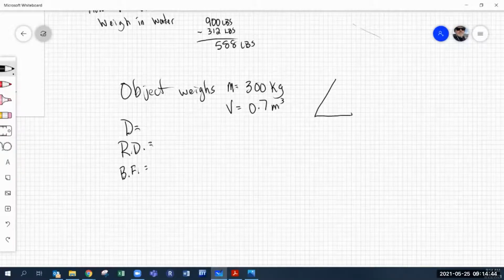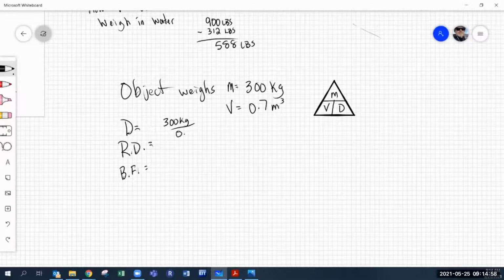As you know, density is calculated by taking the mass divided by the volume. So the density is 300 kilograms divided by 0.7 cubic meters. The density of this object is 428.57 kilograms per cubic meter.